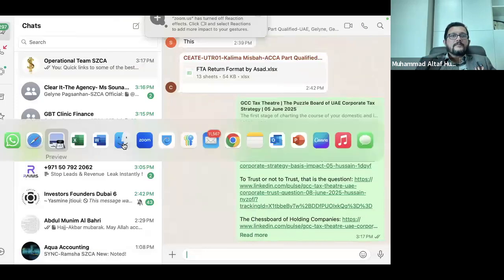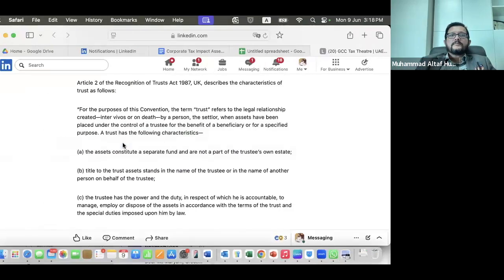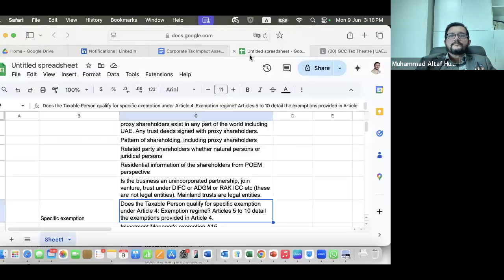Anyways, coming back to the things that we were discussing. It's not only whether it is incorporated in the mainland, but even the activity also plays a role, right? Yes, but then that trust will not be akin to an unincorporated partnership, because it is now incorporated. Any trust that assumes a legal personality becomes a body corporate. Then we cannot ignore it, because it is no longer unincorporated.